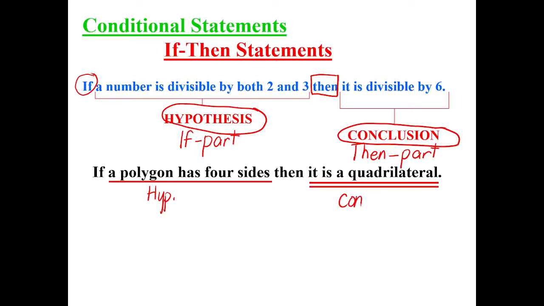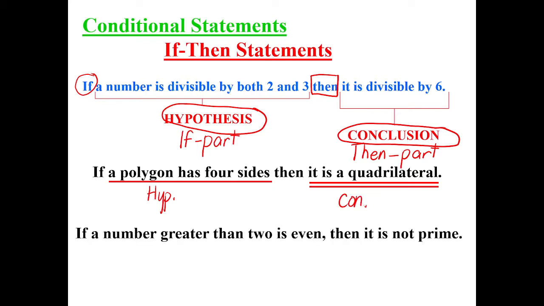This is our conclusion. Okay, let's continue. Let's have another example. If a number greater than 2 is even, then it is not prime. What is the hypothesis? A number greater than 2 is even is your hypothesis. What about the conclusion? It is not prime is your conclusion.